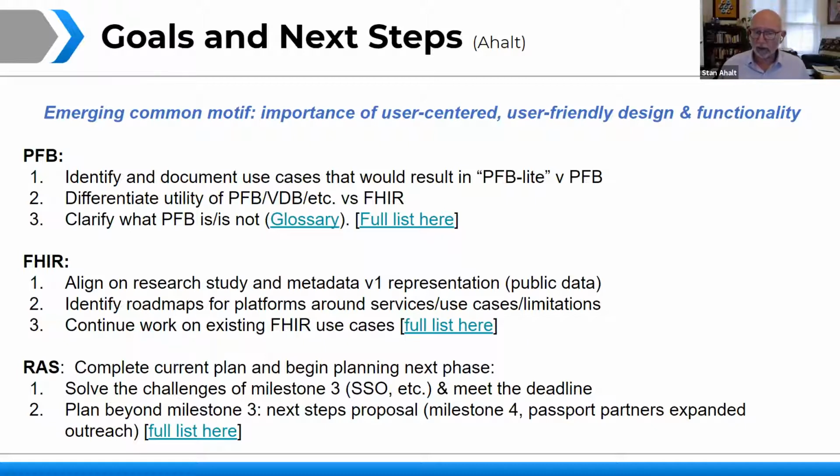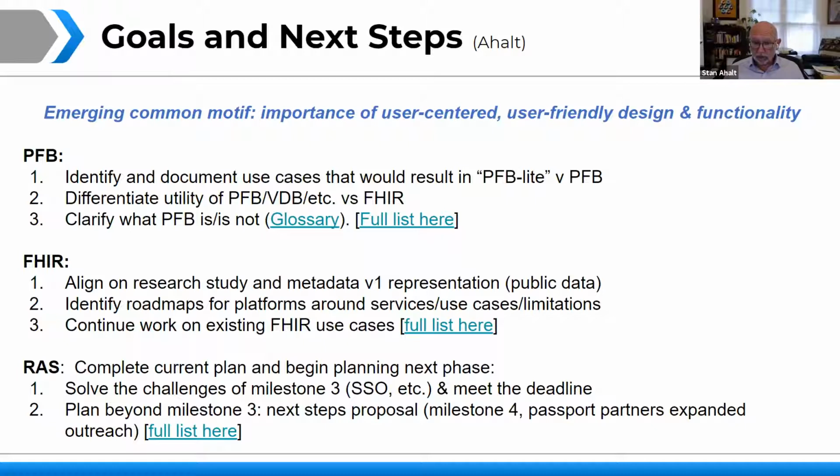FHIR, here there's clearly a desire to align on a research study and metadata version 1 representation so that we have a clean way to represent data that we want to feed out in a more public fashion. We should try to identify, and I know all of this work is going on already in the FHIR community, roadmaps for the platforms to use as we understand how things are going to be developing in the FHIR community and new tools roll out, and understand the services that will be available, the use cases that might be supported, and what limitations there are.